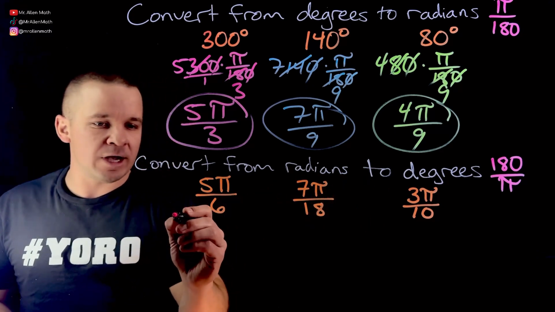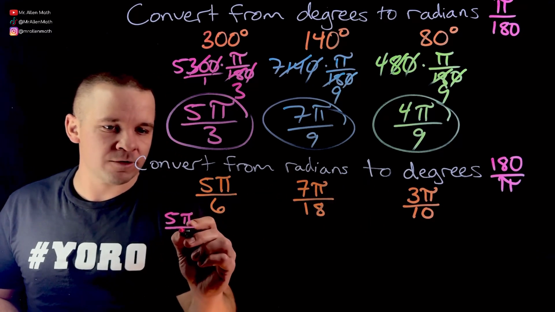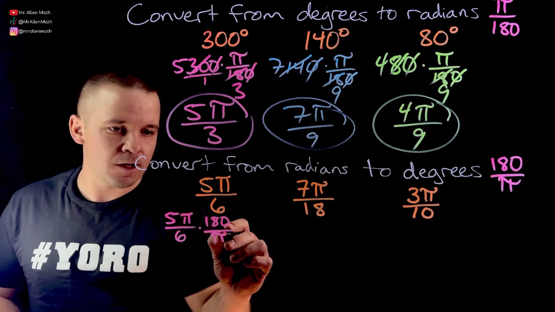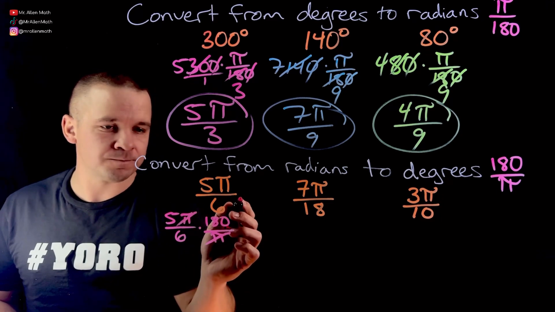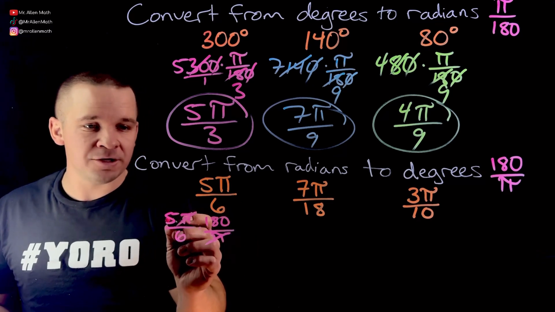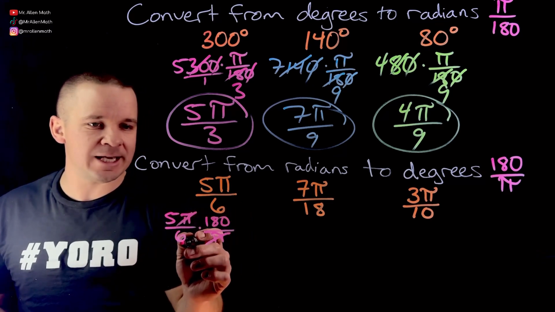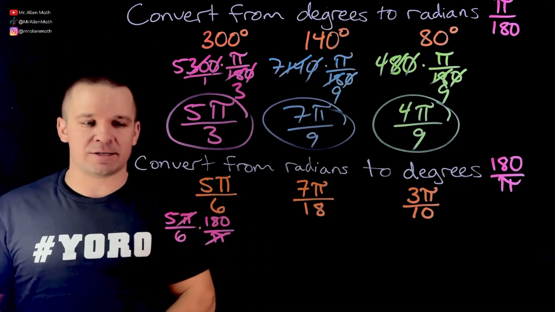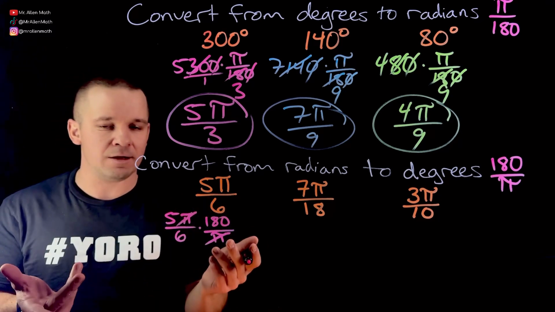So let's see here. We got 5 pi over 6 times 180 over pi. I'm going to cancel my pi's. Cool. Now, I'm not going to do 5 times 180, then divide by 6. I'm also not going to do 180 divided by 6. I'm going to do 18 divided by 6. 18 divided by 6 is 3, right?